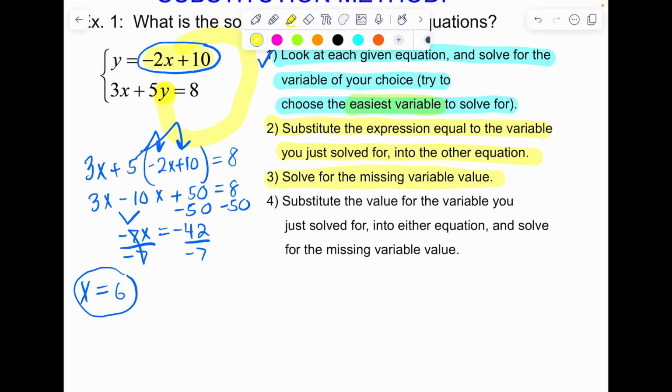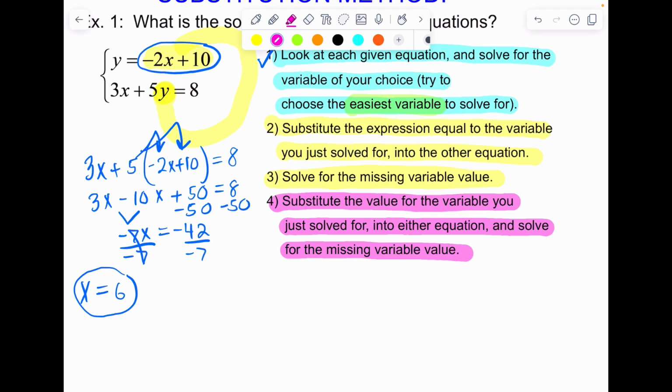Now step 4, substitute the value for the variable you just solved for into either equation and solve for the missing variable value. At this point, you can literally go ahead and plug this x equals 6 into either of the original equations that they gave you. I'm always going to choose the easiest one.